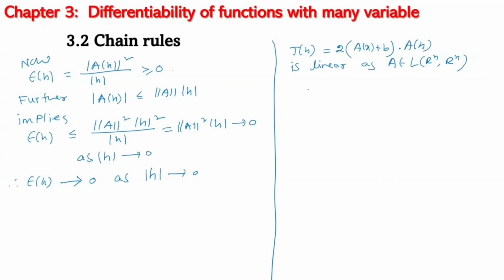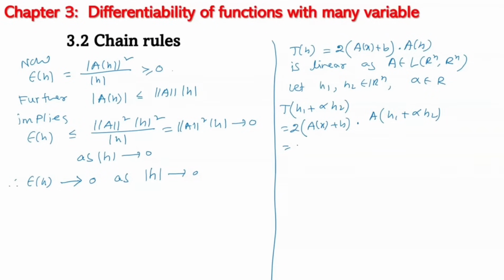But if you want to prove that also, you can prove it this way: let h1, h2 belong to Rn, alpha belong to R. Therefore T(h1 plus alpha h2) is equal to (Ax plus b) dot A(h1 plus alpha h2), which is linear because A is linear. So we can write it as Ah1 plus alpha Ah2.